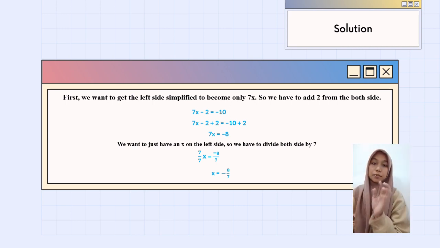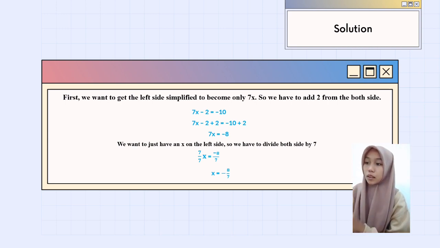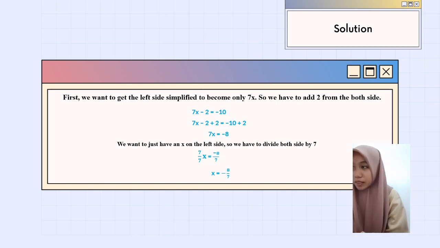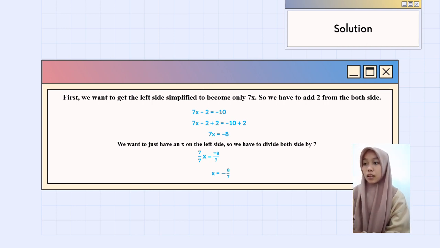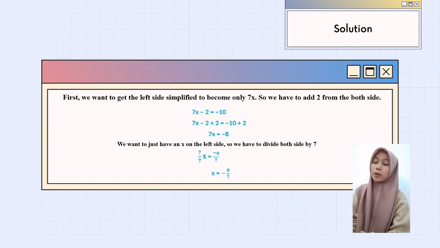And this is the B question. We want to get the left side simplified to become only 7x, so we have to add 2 to both sides. So 7x minus 2 plus 2 equals negative 10 plus 2.